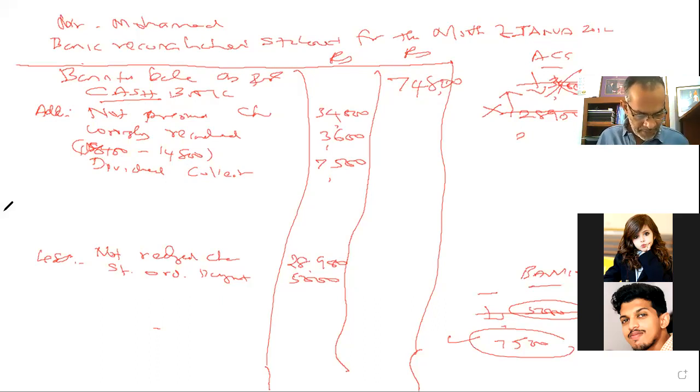A customer directly deposited to Mr. Muhammad's account 6,500, not recorded in the cash book. This is also the same. A person who got a loan from us went to the bank and directly deposited 6,500.